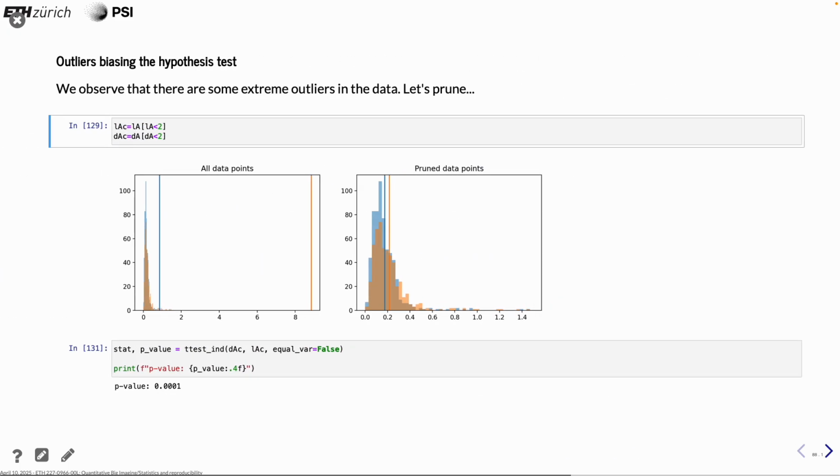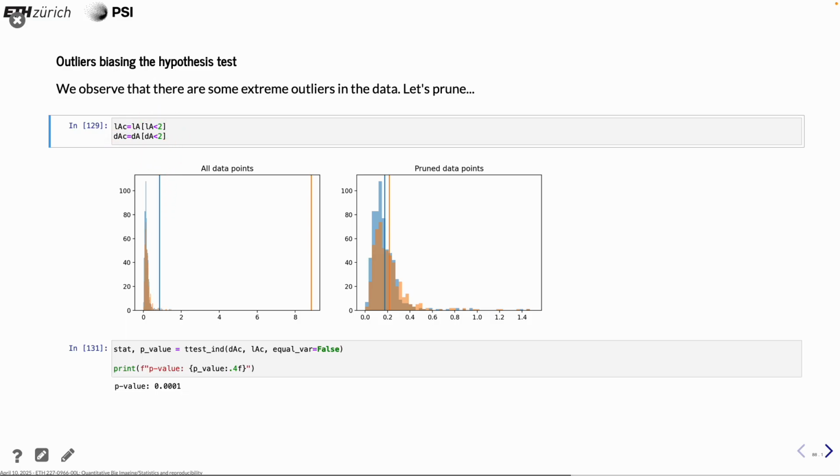And then we look at our data and we see that there must be very huge outliers in the data, so large that they are not even realistic. And that is actually what tricks out the t-test. So instead, what we do is, with a reasonable threshold, filter our data first.